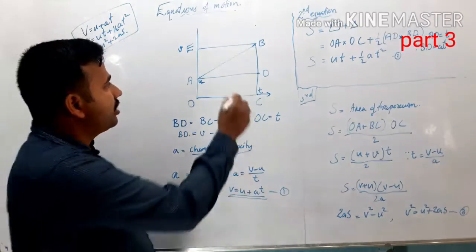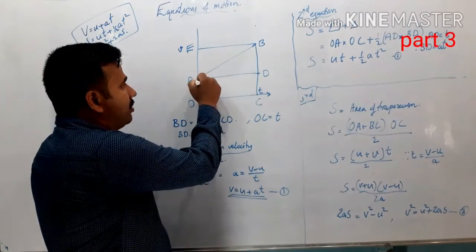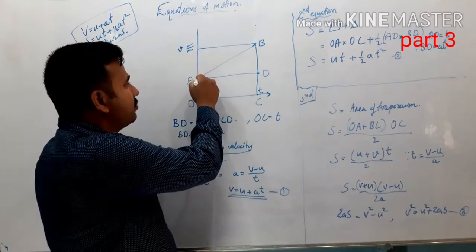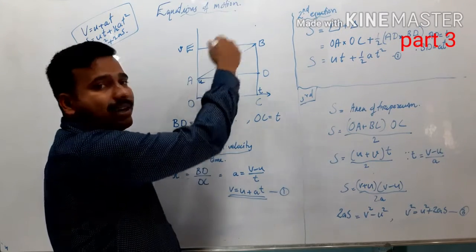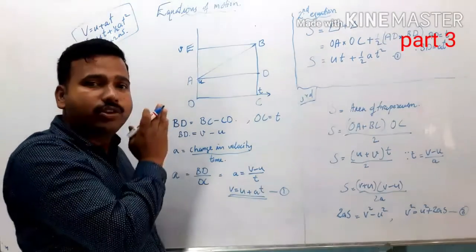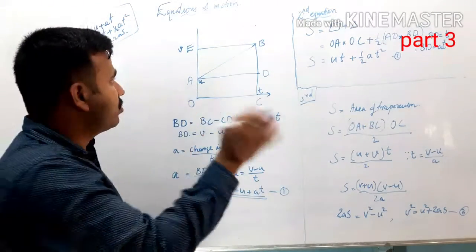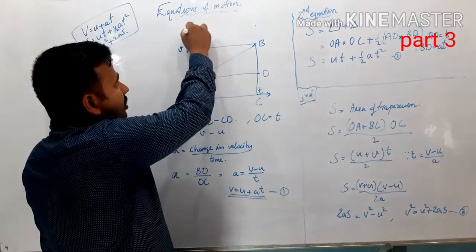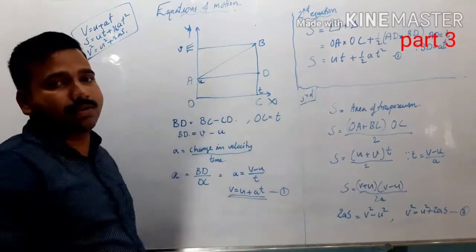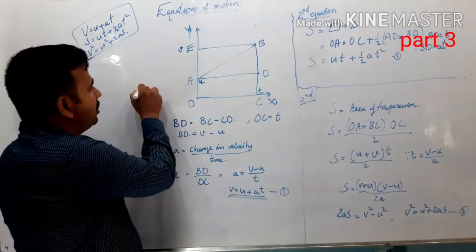Suppose we are considering the uniform motion of an object which is moving from, suppose, a point A to B, undergoing uniformly accelerated motion. Here you can see I have drawn a graph that represents this particular motion, where a few things we need to remember.